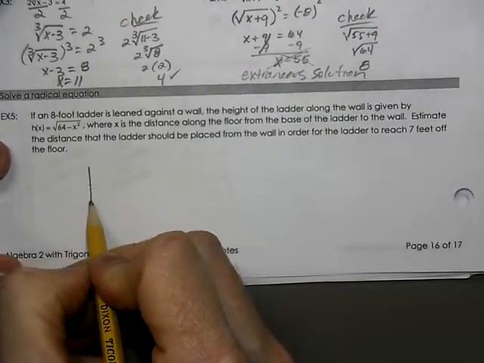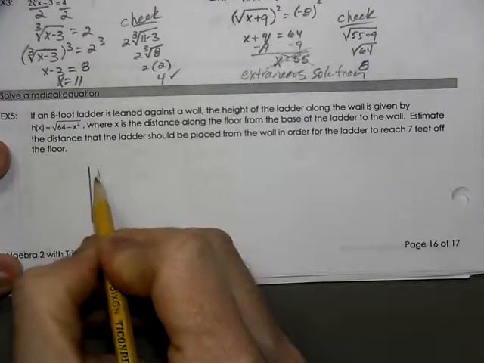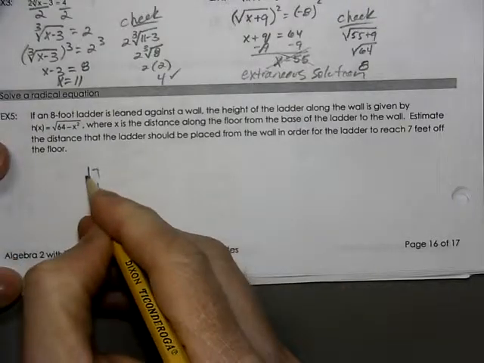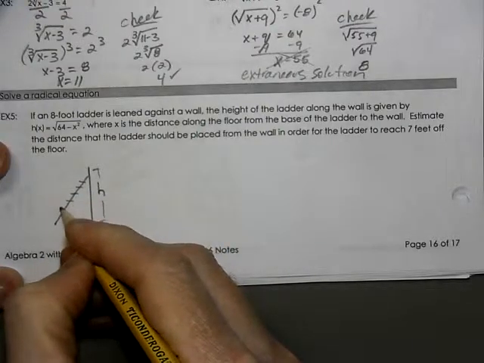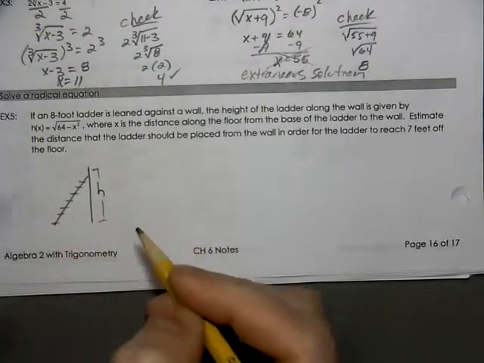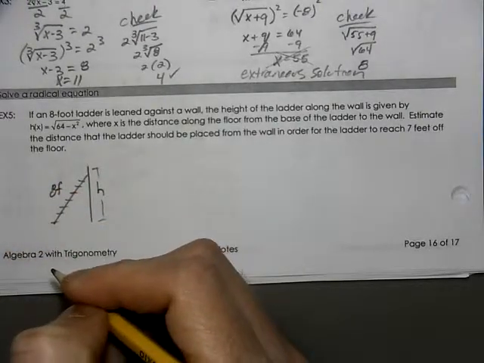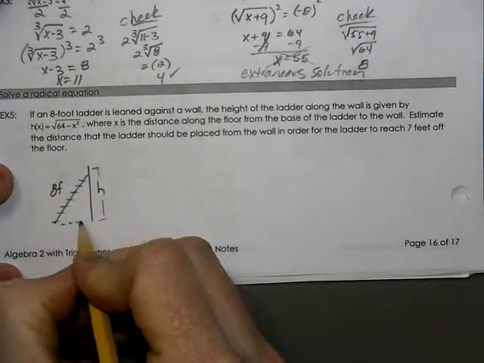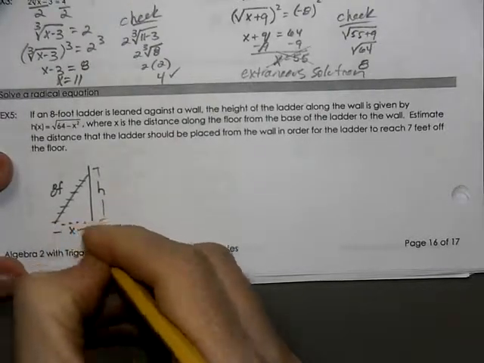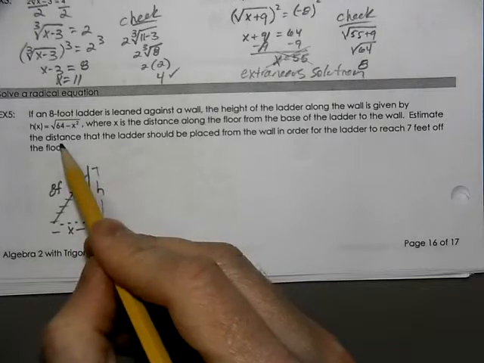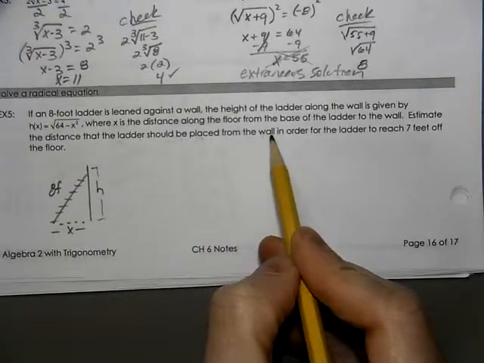So we have the height of our ladder, the height of the wall. We know that the ladder itself is 8 feet. What we're trying to figure out is the distance that the ladder should be placed from the wall.